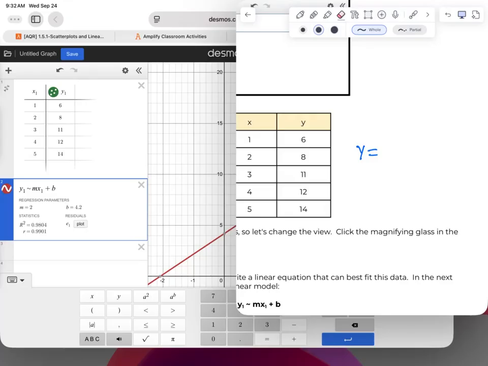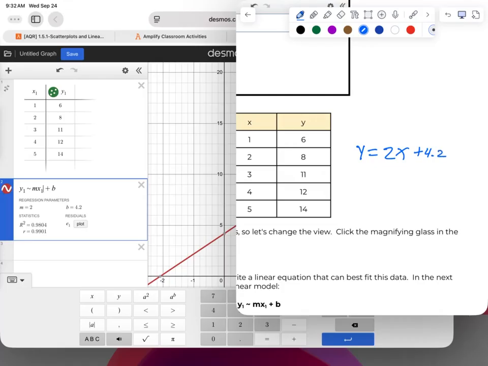What is the slope? If you look on our computer, it tells me the m. It's 2. So 2x. How do I know it's 2? Because it says here m equals 2. And what's my y-intercept? That's Chris's 4.2. So plus 4.2.